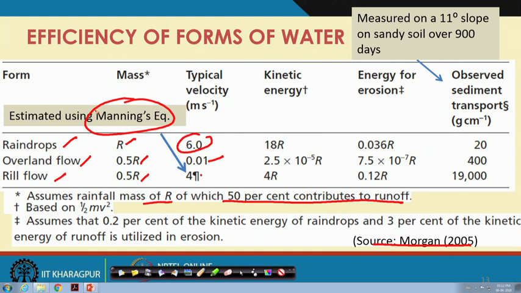So, if you look at the kinetic energy, the raindrop kinetic energy will be 18 R, very high, rain flow will be next, and overland flow will be much lower as compared to raindrop kinetic energy.